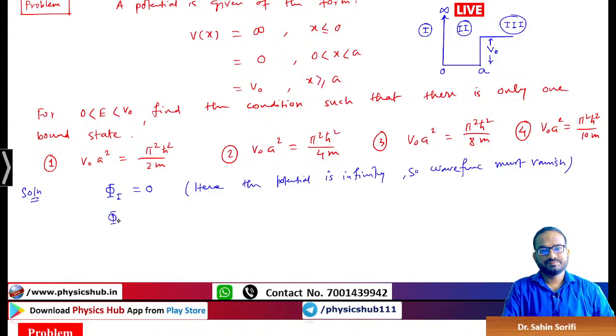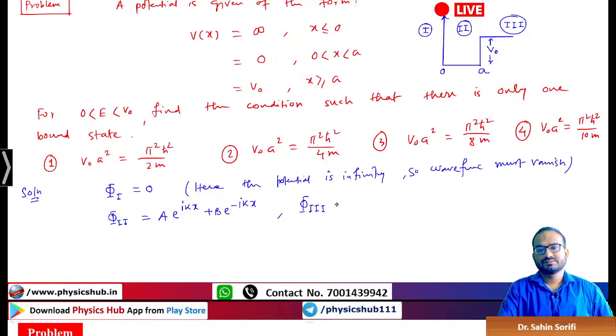What will be phi 2? Here V equals 0, so we get the sinusoidal solution A e to the power ikx plus B e to the power minus ikx. I am just writing it, you already know how to write this. This is phi 2. And what about phi 3?